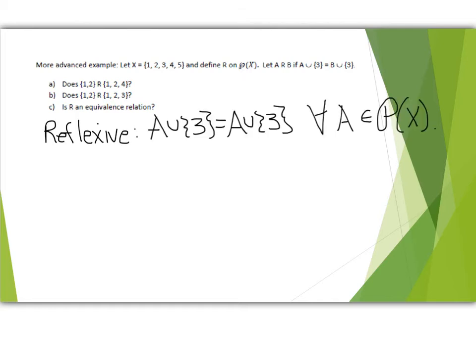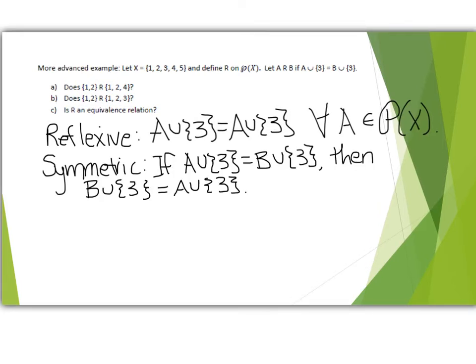My justification is that A union {3} equals A union {3} for all A in the power set of X. Symmetric: we already got an inkling of why this is symmetric on the previous page because we saw that {1, 2} was related to {1, 2, 3} and {1, 2, 3} was related to {1, 2}.